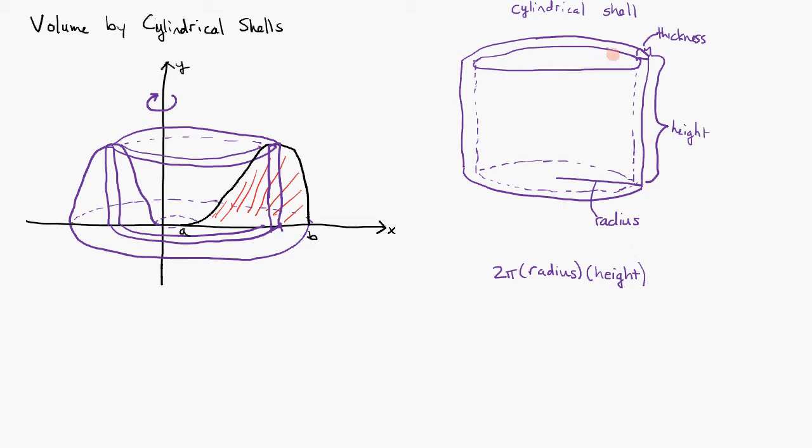Because it's a solid, we actually want the volume, not the surface area, so we multiply by the thickness and we get the volume. This is for one of these cylindrical shells. Now if we integrate from a to b, we get the volume of the whole solid.